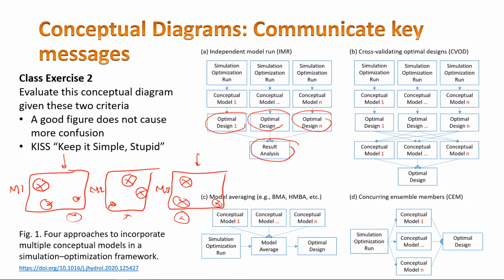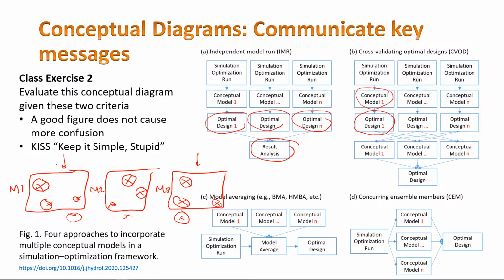Another way is what we call cross-validating optimal design. What does this mean? It means I have a model, I run my simulation optimization, I get a design. I run my simulation optimization on my second model, I get a design, and so on and so forth. And then the optimal design of this model, I cross-validate on the other model.